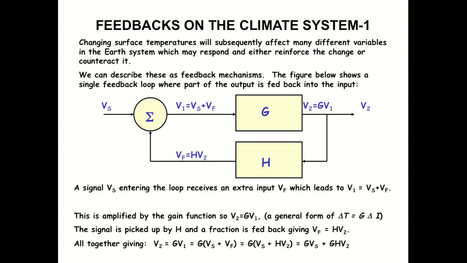So if you write down all the equations here, the output signal is just GV1. V1 of course is Vs plus Vf, and Vf is just HV2, depending upon this component here. In other words, we've got these two extra terms, GVs plus GHV2, to take into account. But of course that's just one loop.